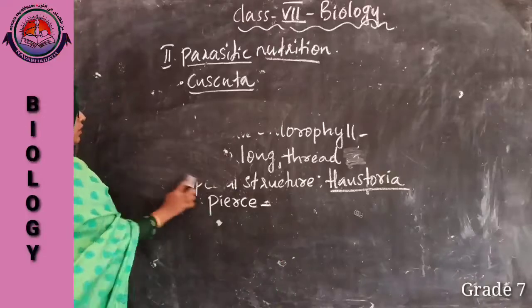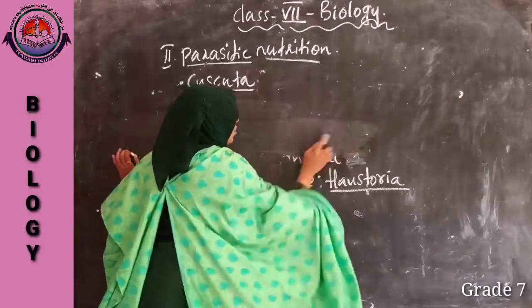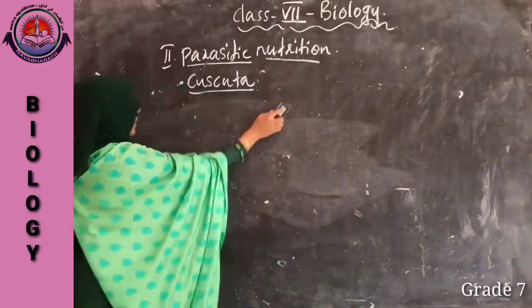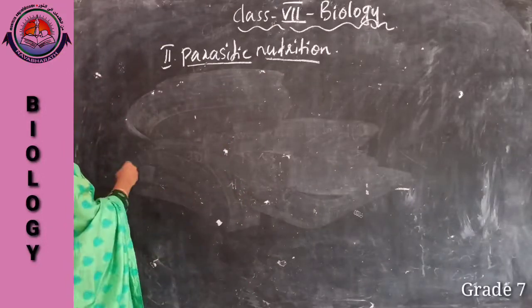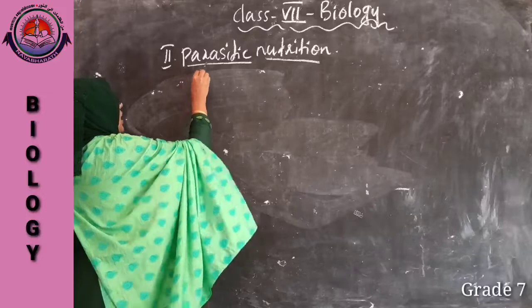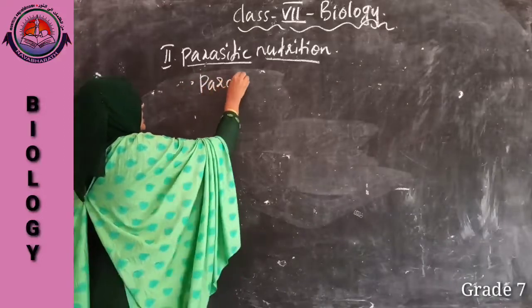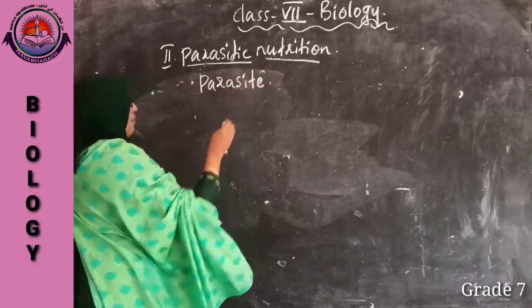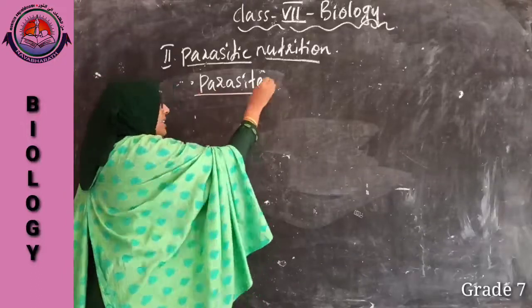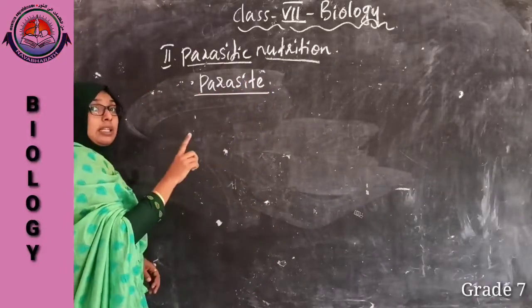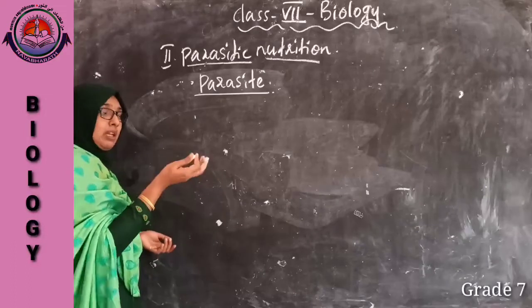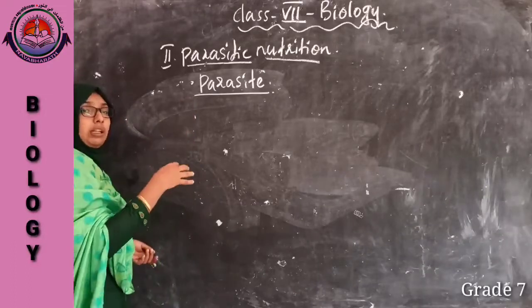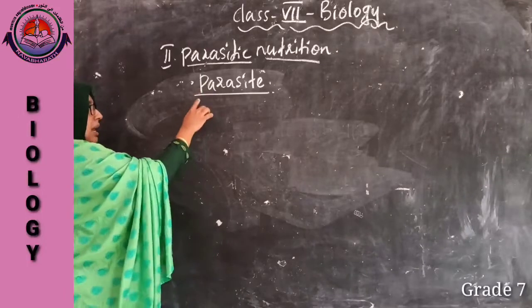Now we are going to see two terms in this parasitic nutrition. We came to know that in parasitic nutrition, a parasite is there, isn't it? Parasite is the organism, or any organism. It can be a plant or it can be an animal. So typically we can term it as organism.